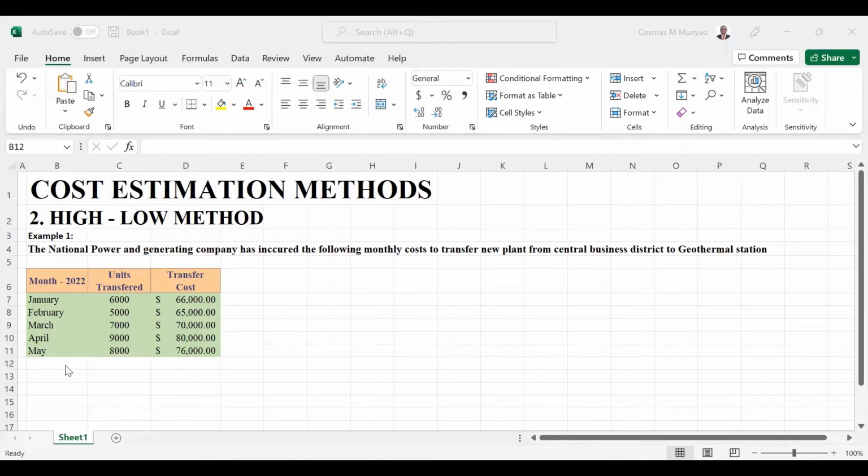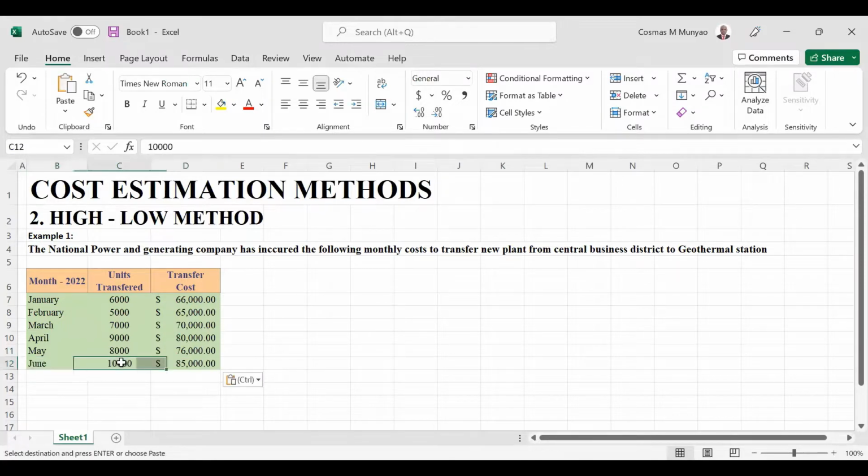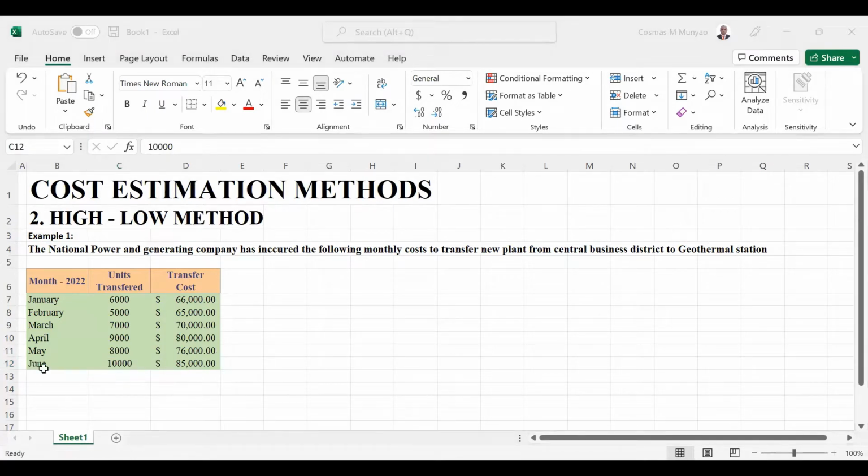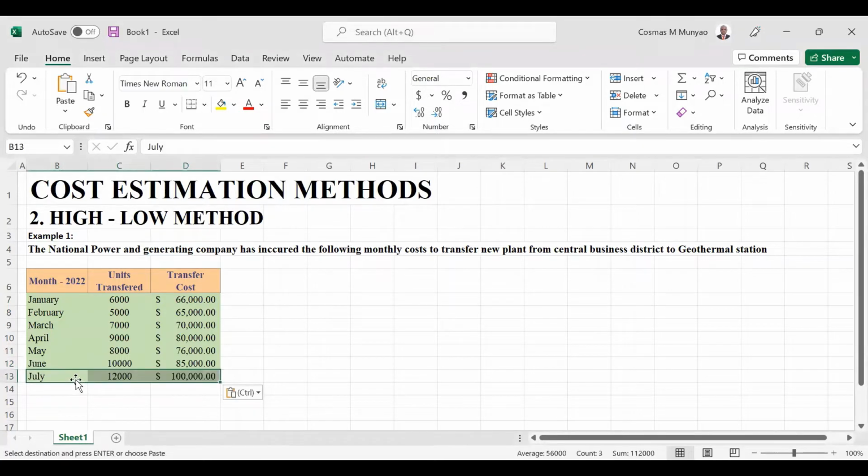In the month of June, the company transferred 10,000 units and incurred a cost of $85,000. In July, the company transferred 12,000 units and incurred a cost of $100,000 US.